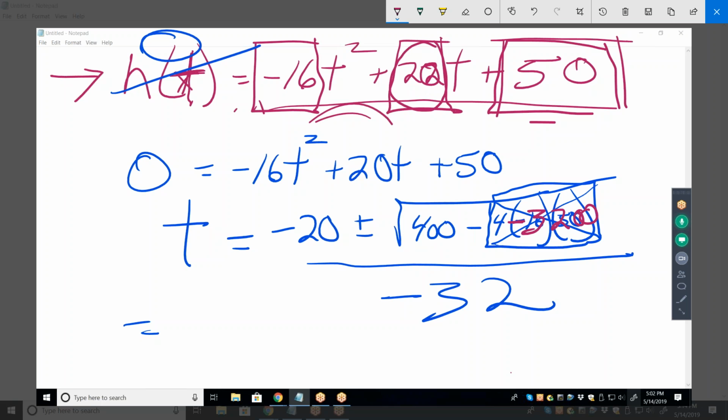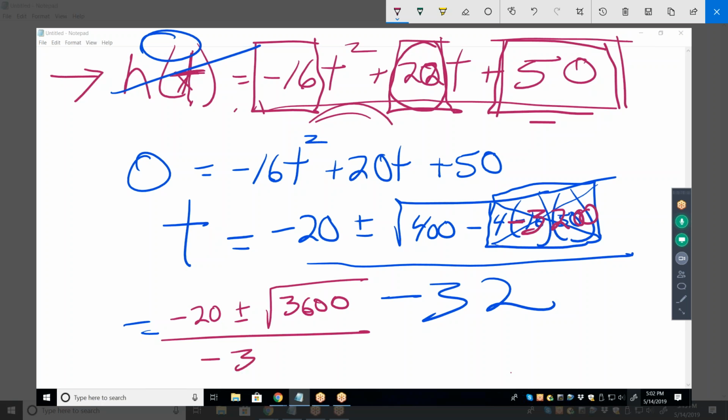Okay? Now what? That's minus 20 plus or minus what? 400 plus 3,200. Well, that's 3,600, which is nice because that's a perfect square number.